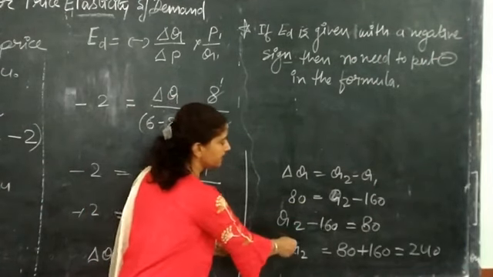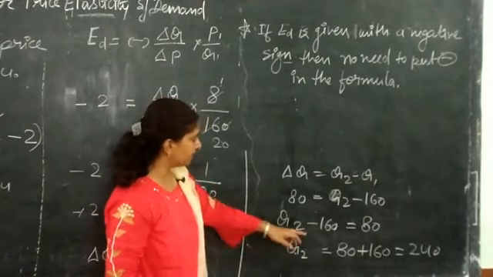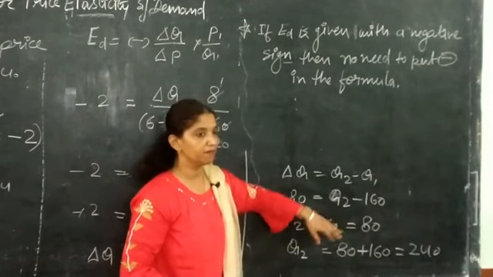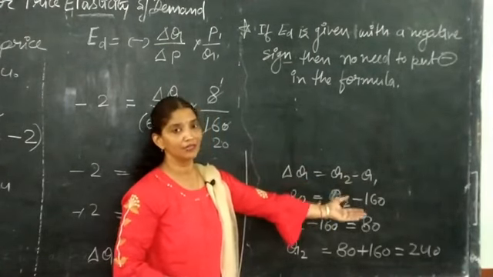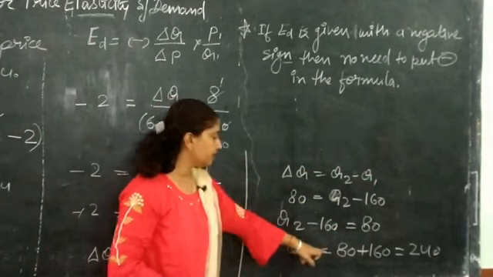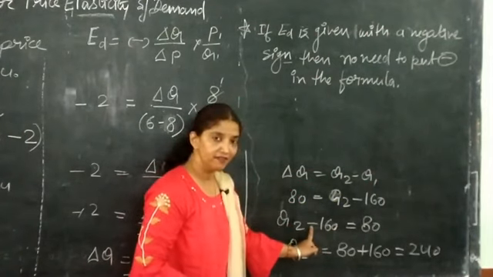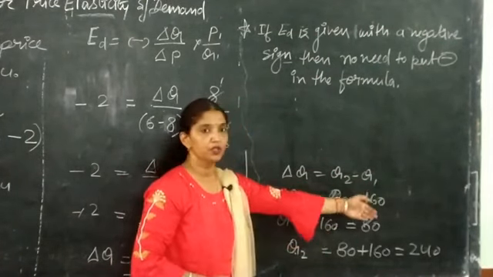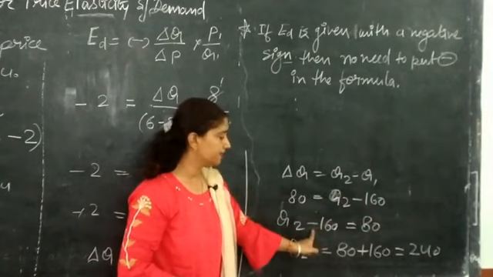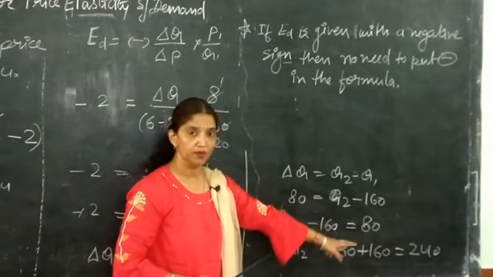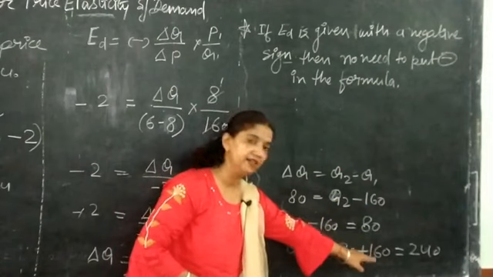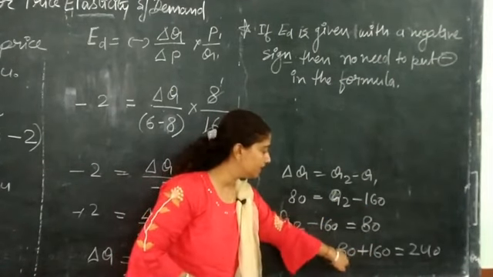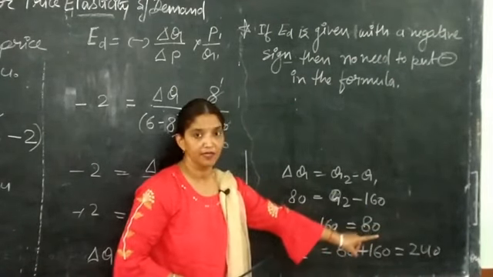Q2 minus 160 is equal to 80. Then by transferring the constant to the other side, Q2 is equal to 80 plus 160, because when we transfer this negative value to the other side, the negative sign changes to a positive sign. By adding both these values, 240 will be the answer.